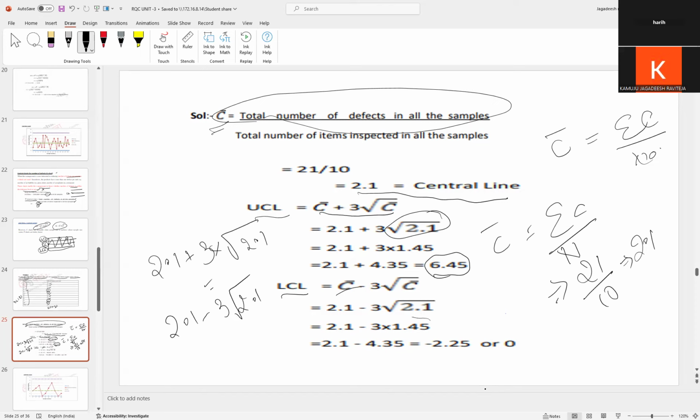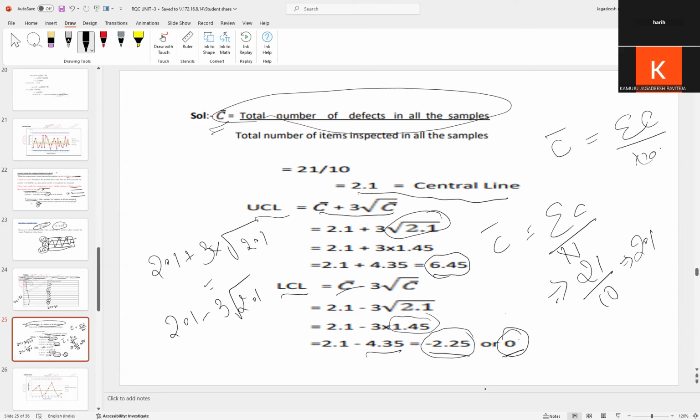What is the value of root 2.1? 1.45. So 1.45 into 3 gives 4.35. So that is 2.1 minus 4.35. We get a negative value. We know that in earlier cases, if the lower control limit is a negative value, we make it 0. So therefore it is assumed as 0. For negative values, the lower control limit will be 0.